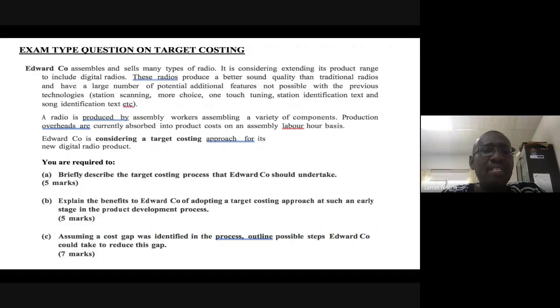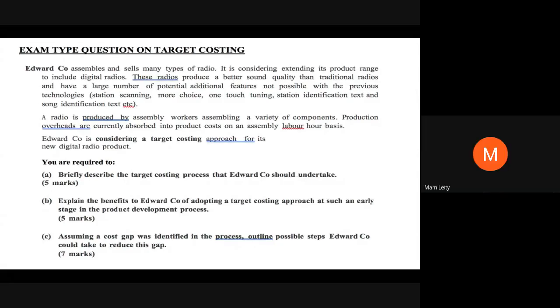It says that a radio is produced by assembly workers assembling a variety of components. Production overheads are currently absorbed into product cost on an assembly hour basis. So what costing technique are they using at the moment? They are using traditional costing.